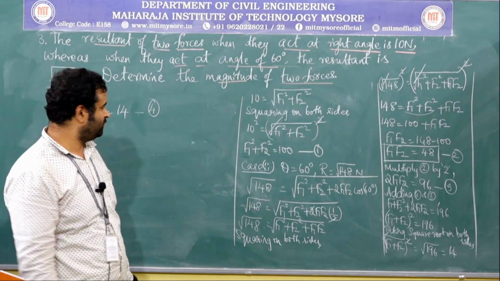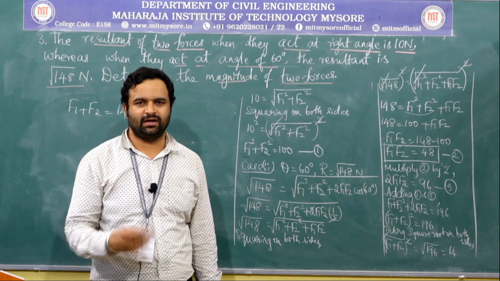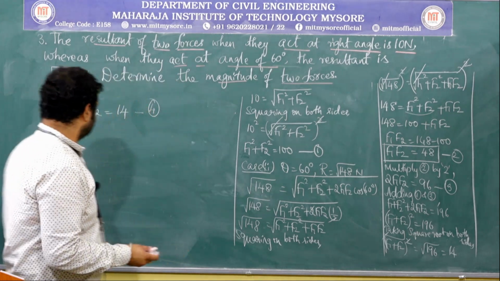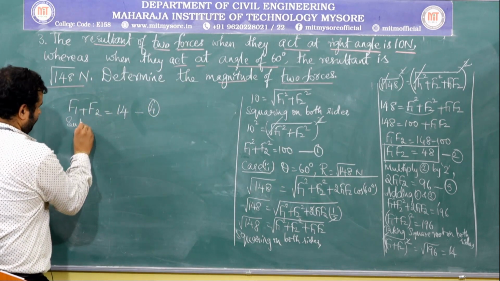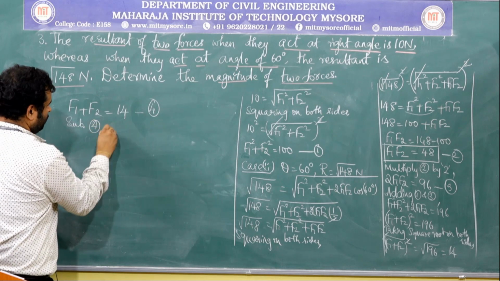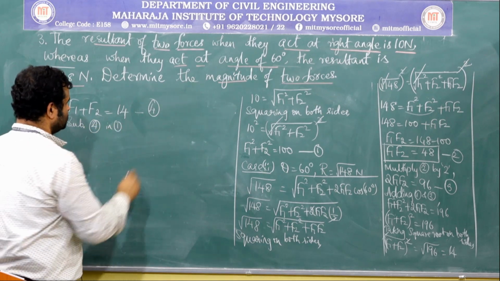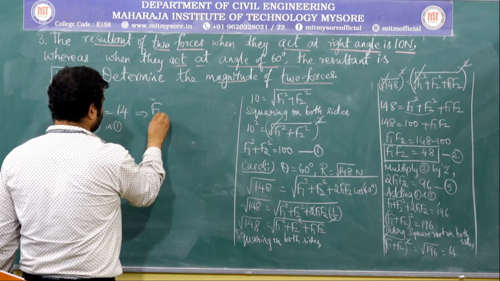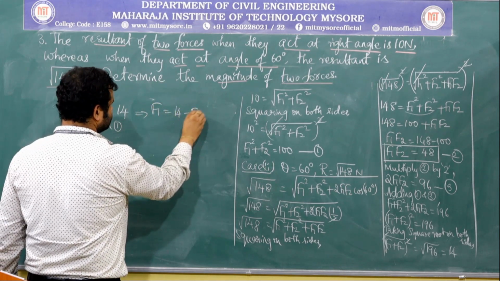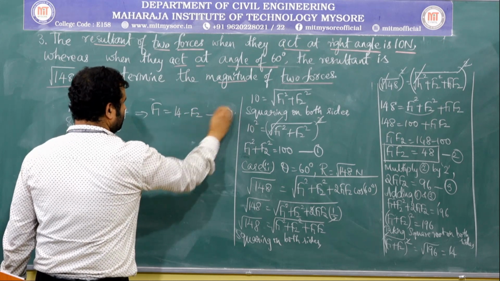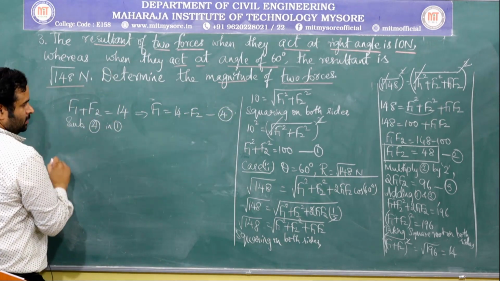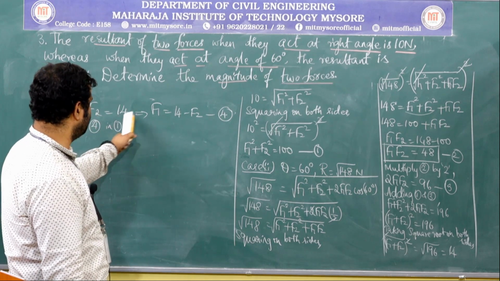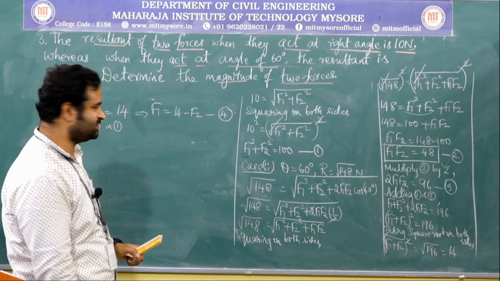Now, can we substitute this equation 4 in any other equation in order to get the values of F1 or F2? After simplification I can write F1 is equal to 14 minus F2.